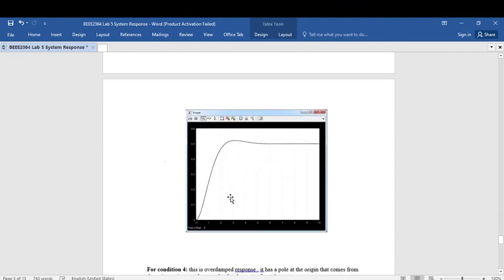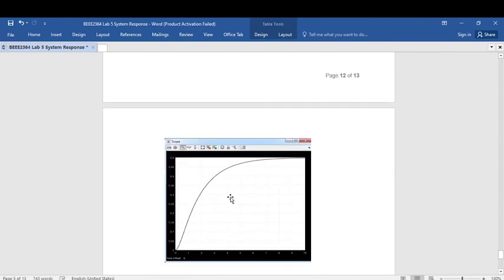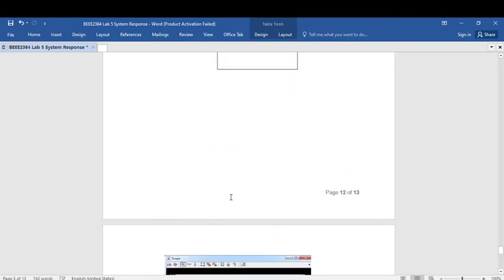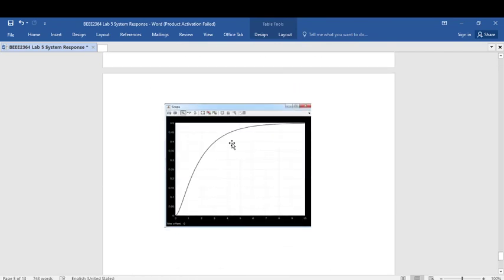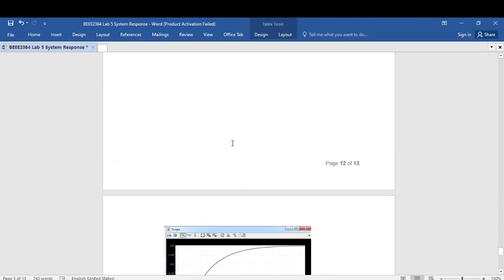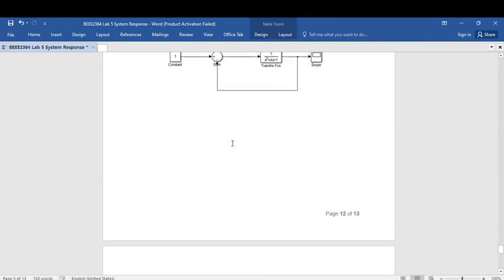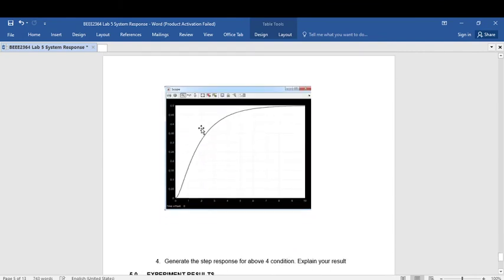So we have 1 as the damping ratio. For condition 4, that is the overdamped response, the damping ratio is more than 1, so it is equal to an overdamped response.